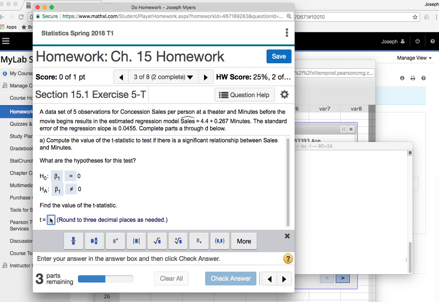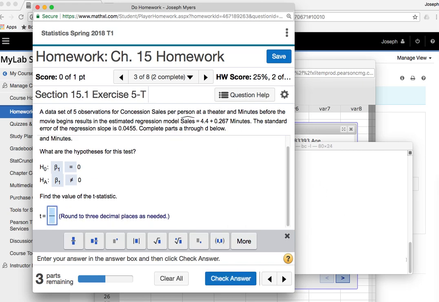The value of the t-statistic, just like almost any statistic, is the value you have minus the theoretical value, divided by the standard error or the standard deviation.